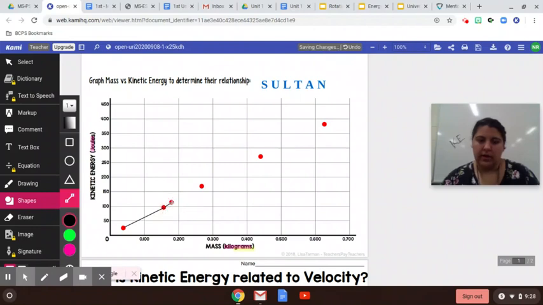And keep in mind there's probably some human error on this. It's not 100% exact, but it's accurate enough to get an idea. Oh, I didn't quite make it all the way on that one. Okay, so you can see it forms a pretty straight line.